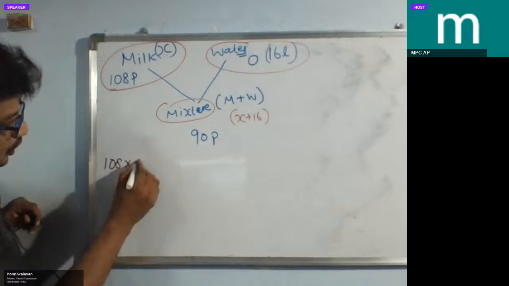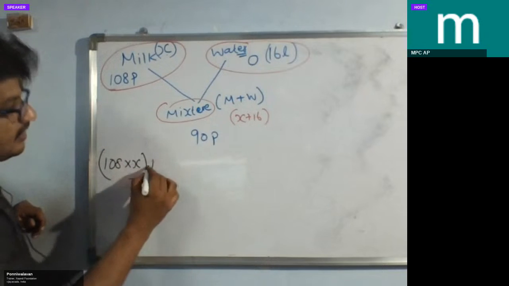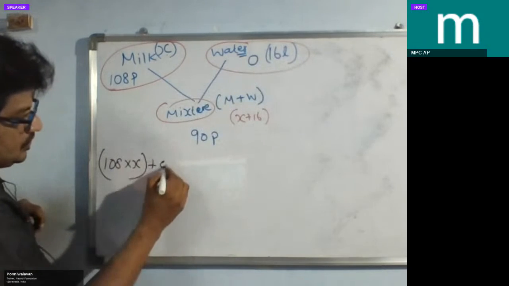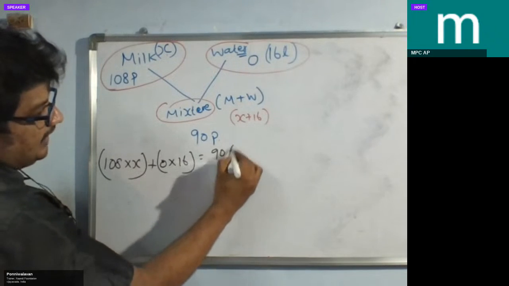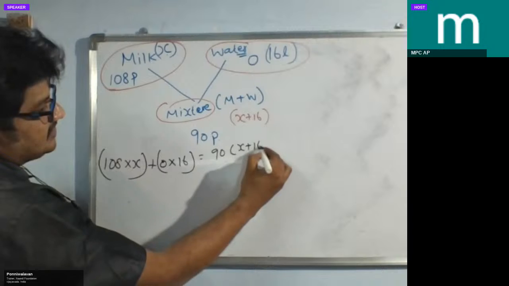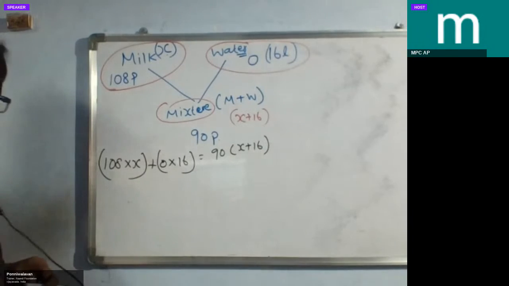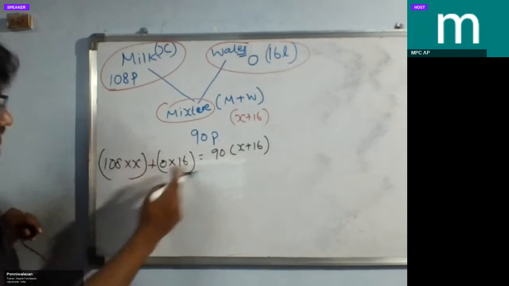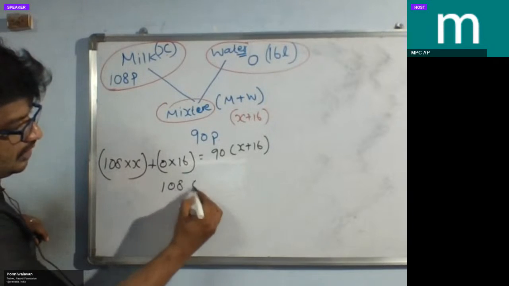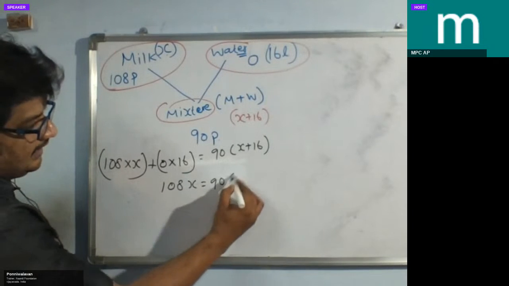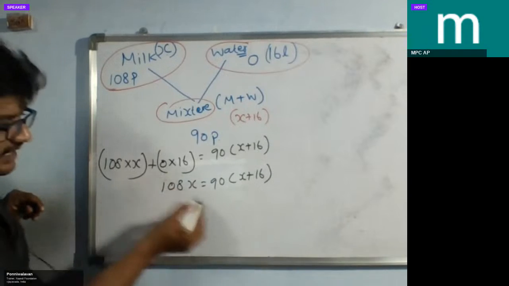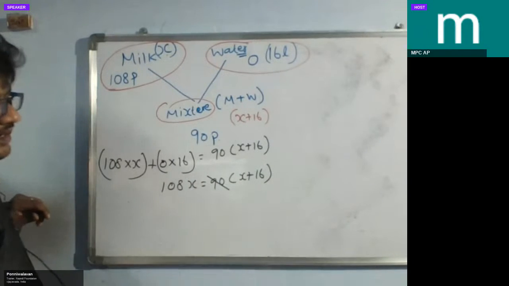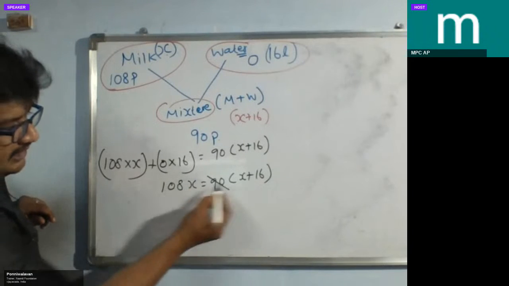108 into X plus 0 into 16 is equal to 90 into X plus 16. So 108X equals 90 into X plus 16. We can divide this by 9.